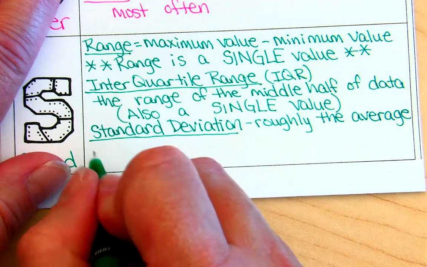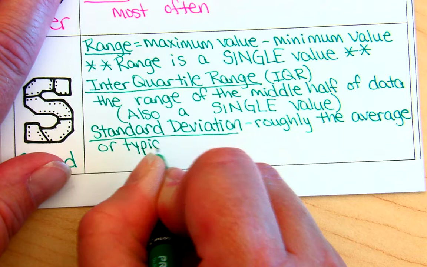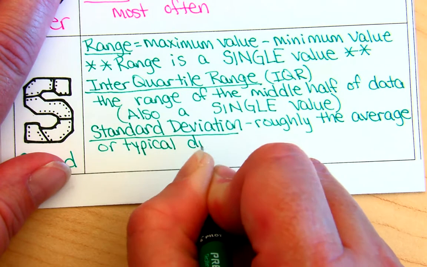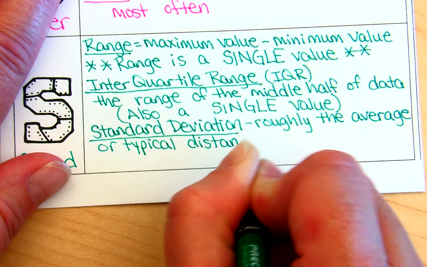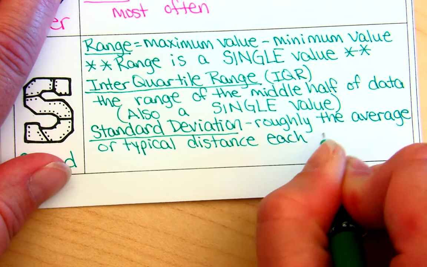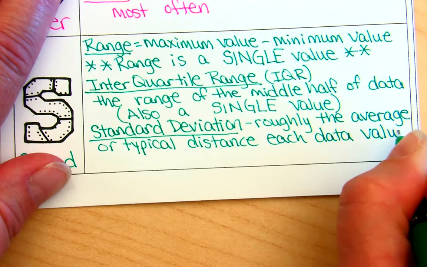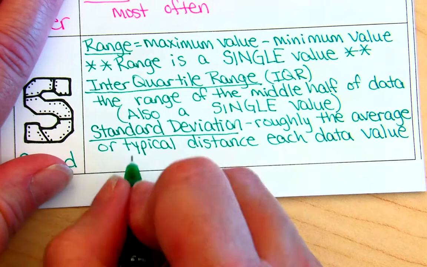So roughly the average or typical distance each data value is from the mean.